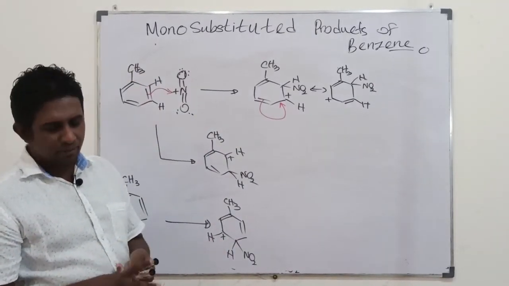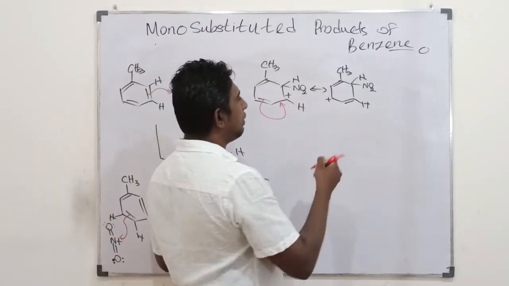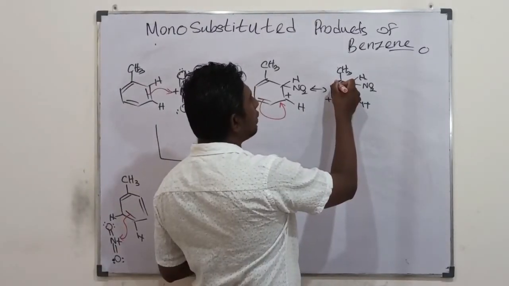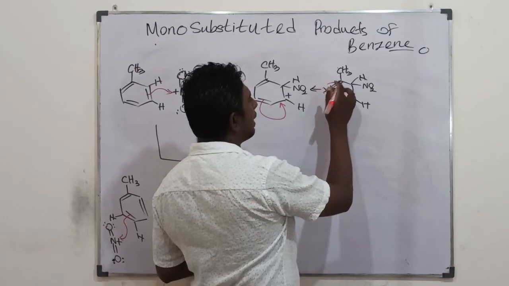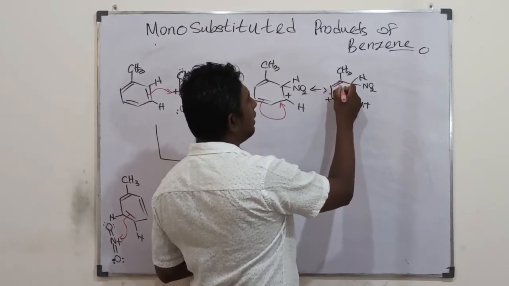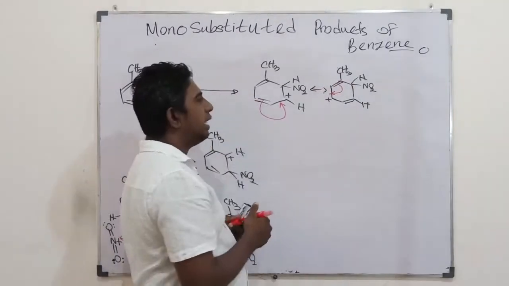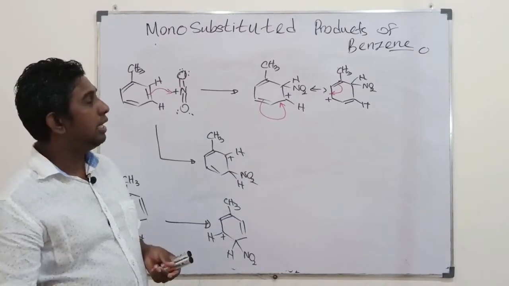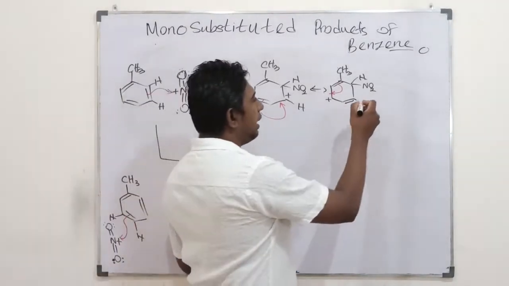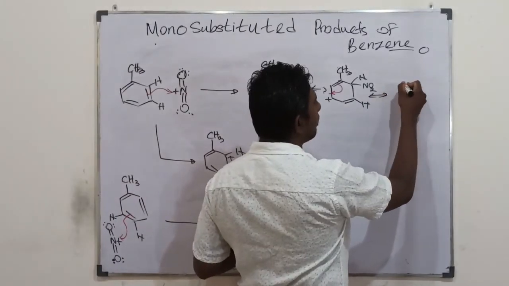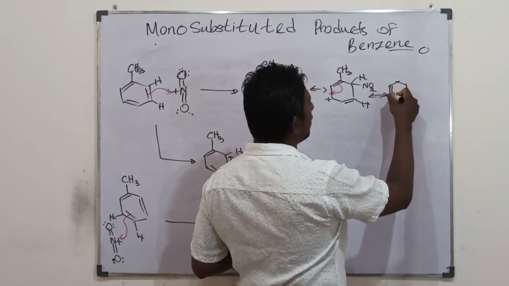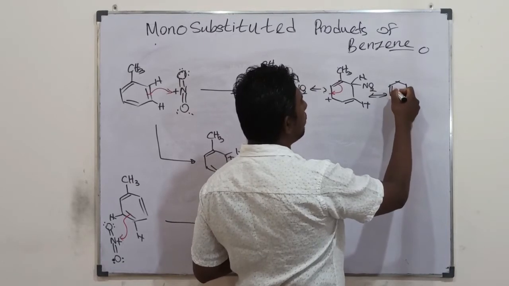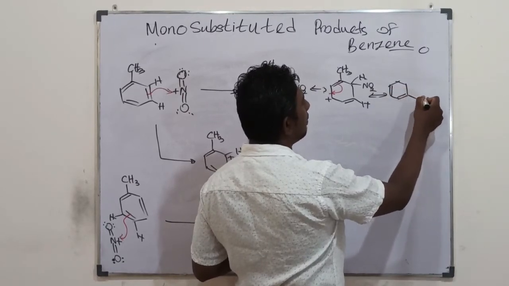Then further, the resonation will follow by breaking this pi bond here, forming a new pi bond. So it's another resonance structure. Students, when that happens, a new pi bond is formed here, and another was there.